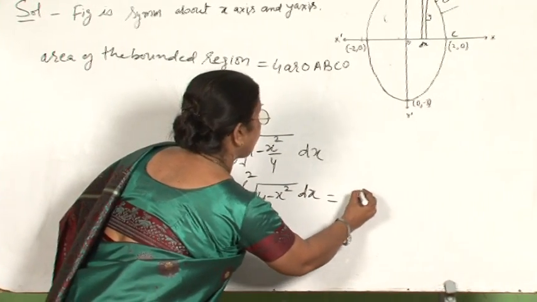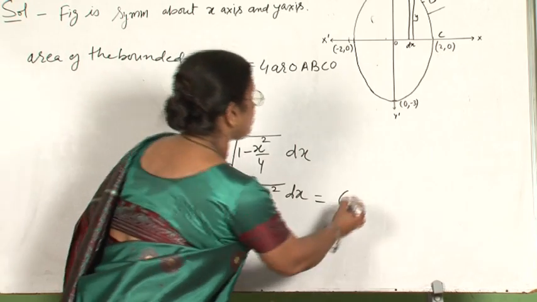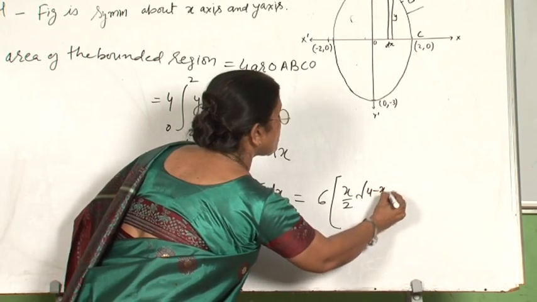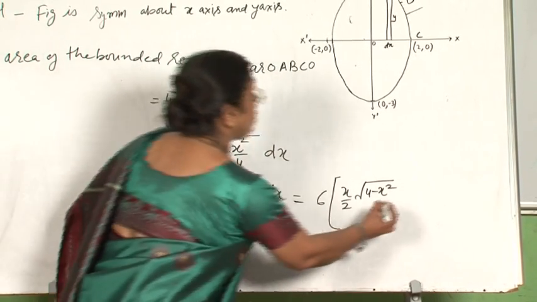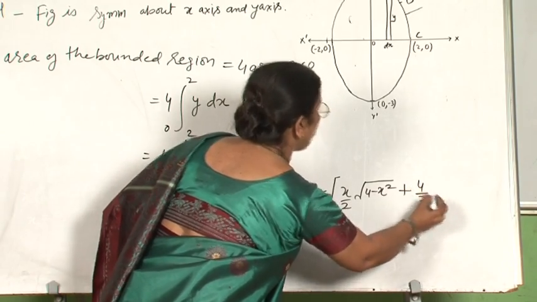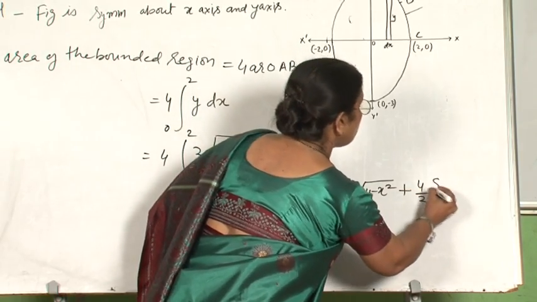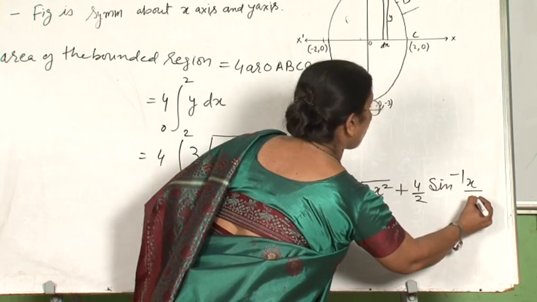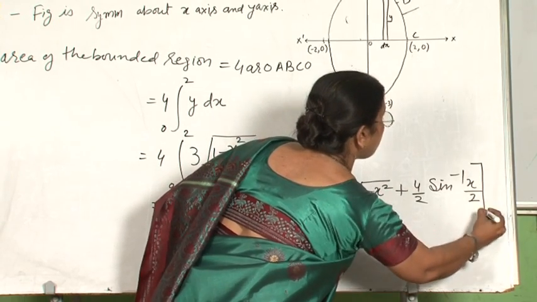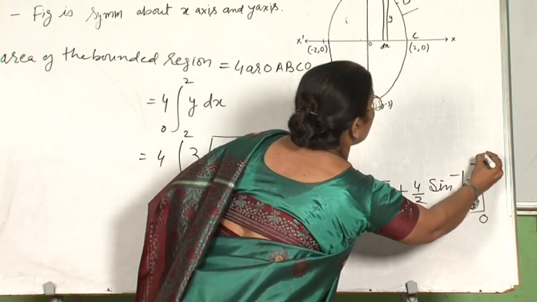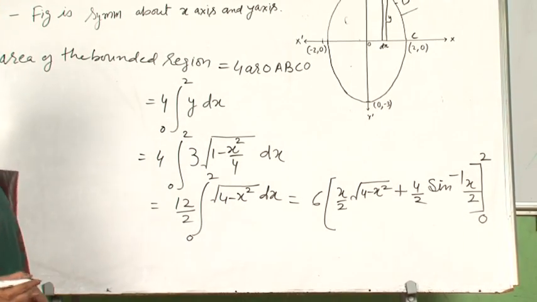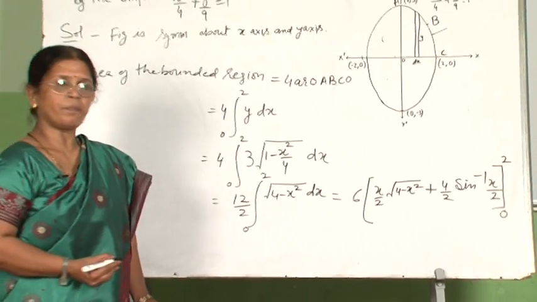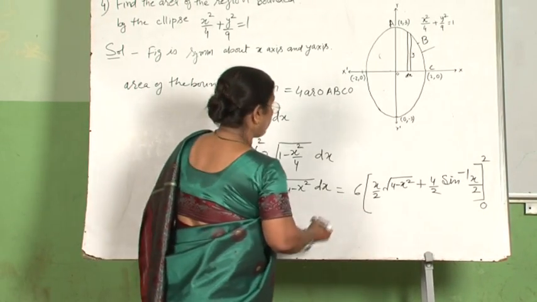So, this is 6 under root 4 minus x square means x by 2 under root 4 minus x square plus 4 by 2, because here a square is 4 by 2, sine inverse x upon 2, and limit is from 0 to 2. Is it clear?